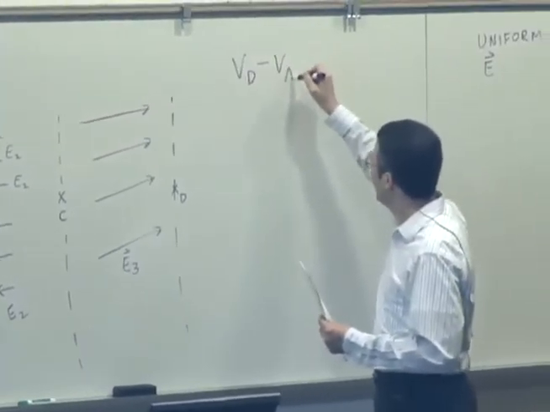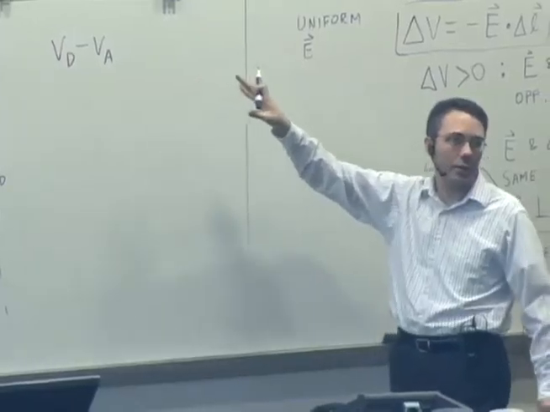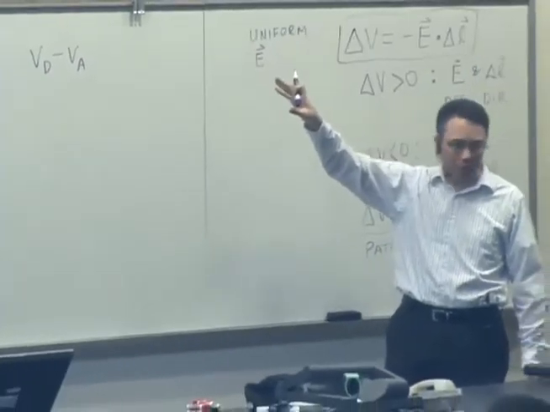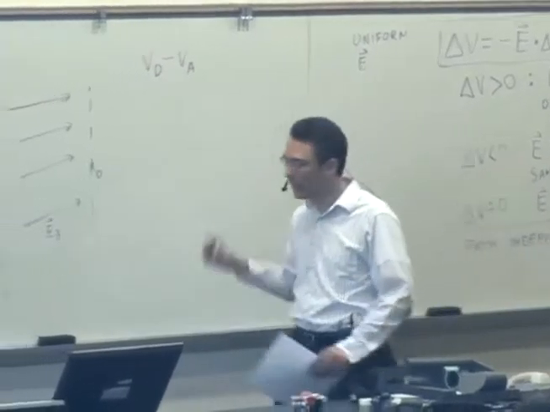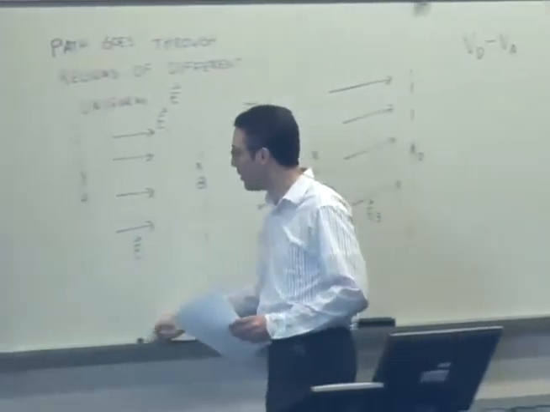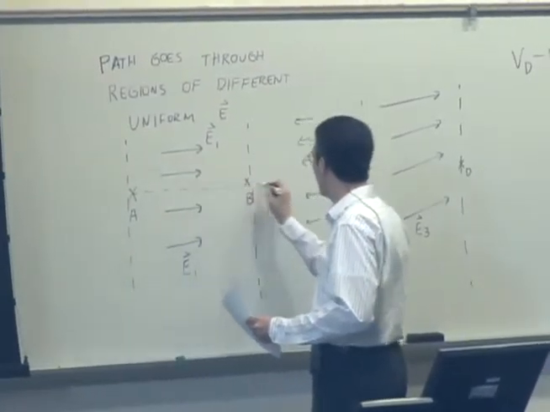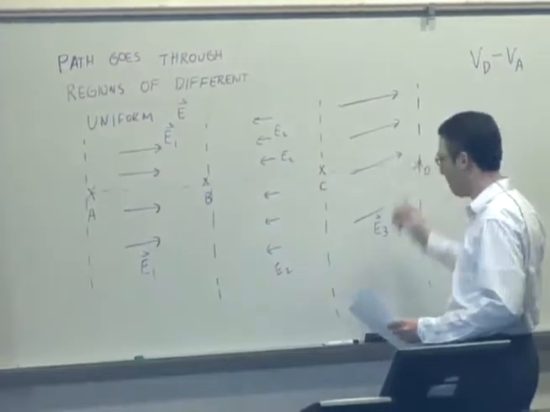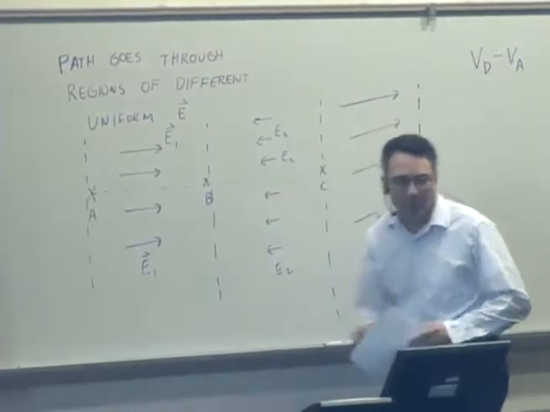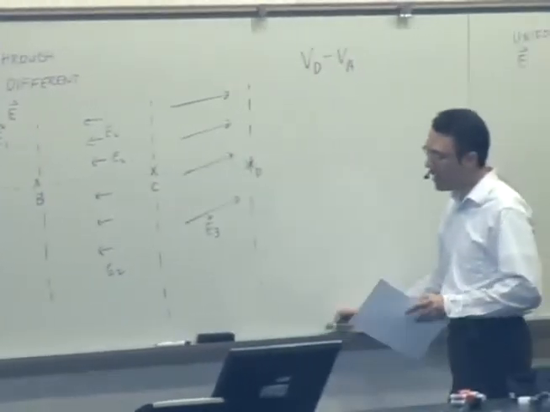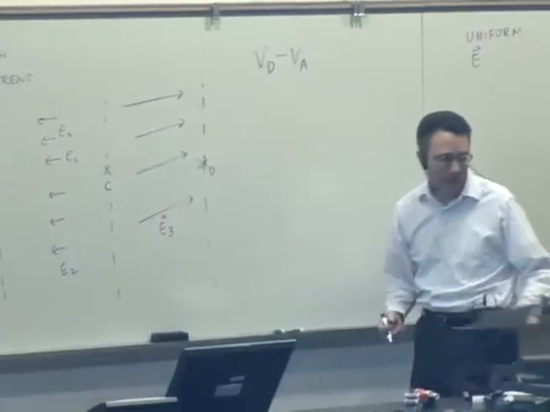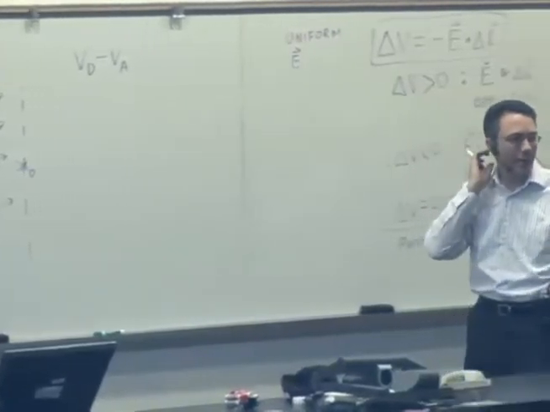And we want to find the potential difference, potential at D minus potential at A. So this means a path that goes from where to where? Starts at A and goes to D, right? Final minus initial. So our path goes like so. How do I calculate the total potential difference across that path?